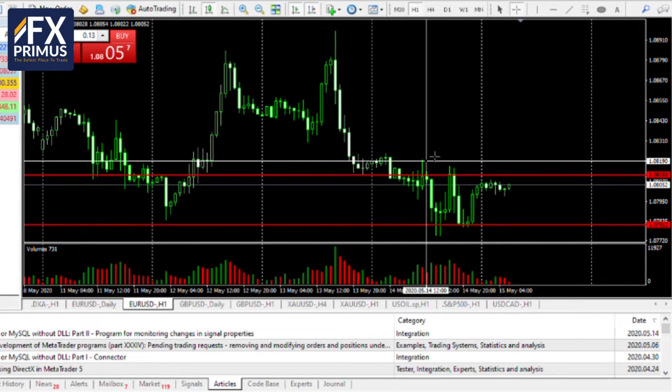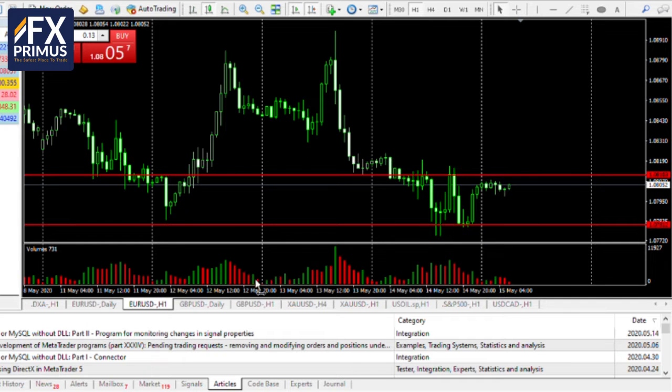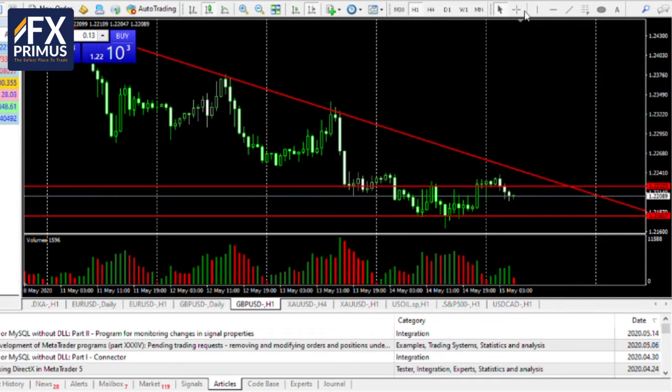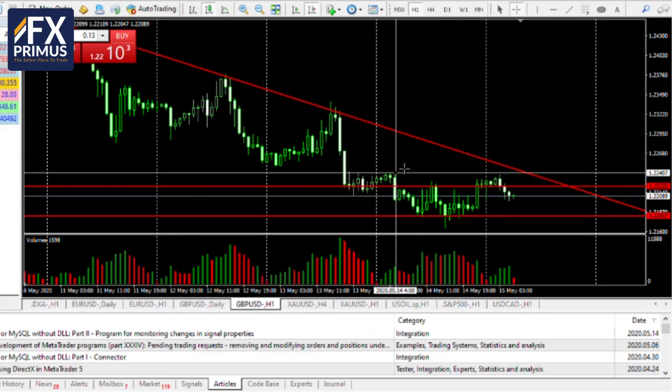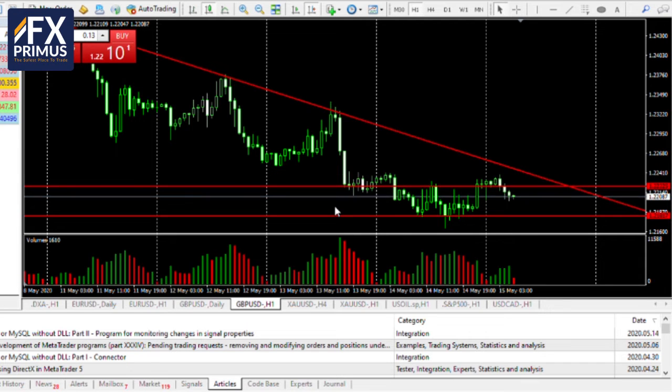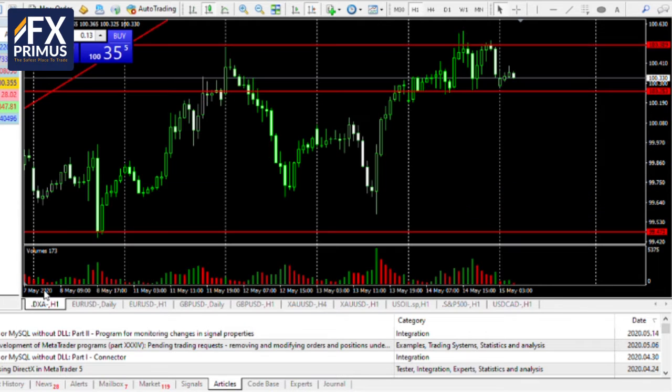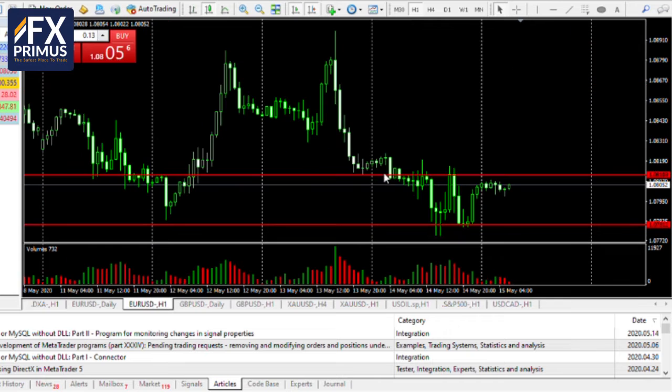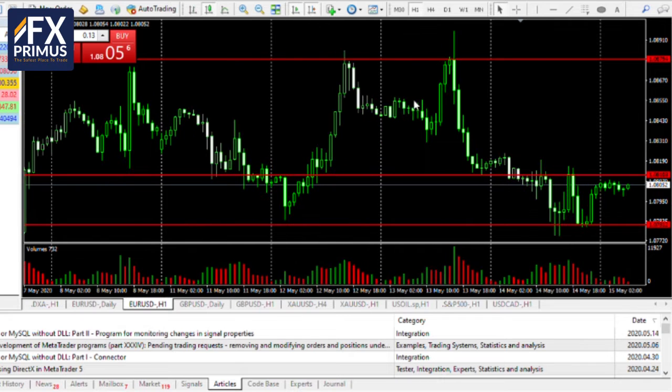Actually, from here to here, it is only about 44 pips. Compared to the UK pound, from the tip at the top to the bottom, this is about a 70 pips range. So that was for currencies. Again, a lot of active movements, and even the euro dollar was pretty active the last few days.